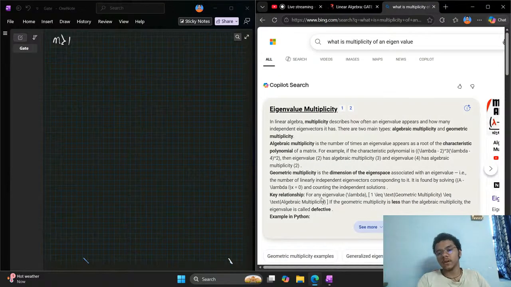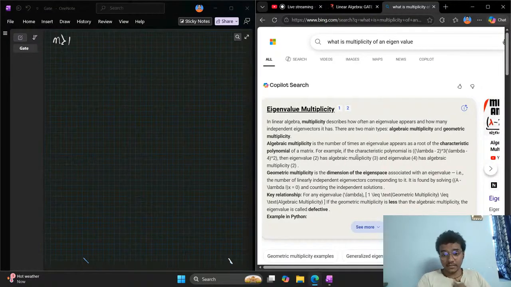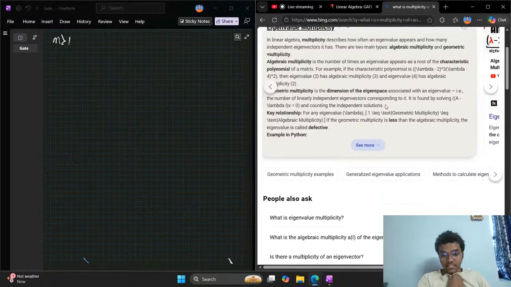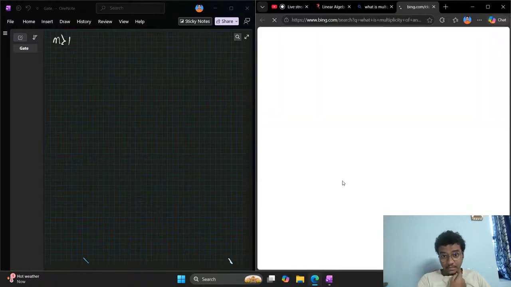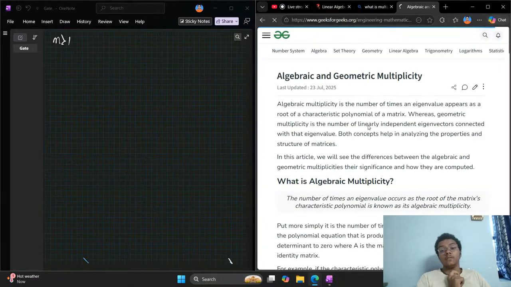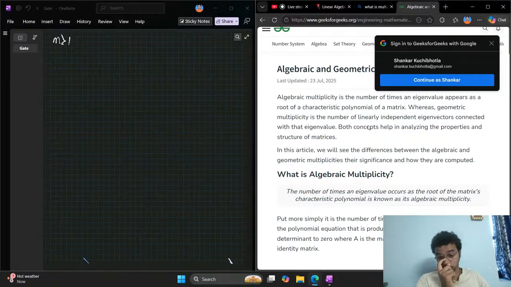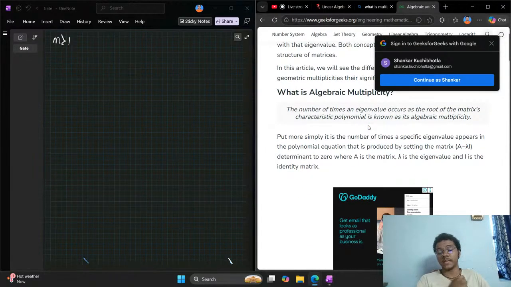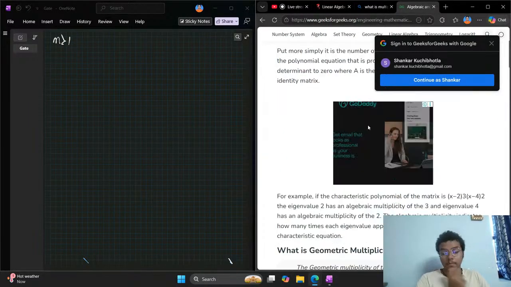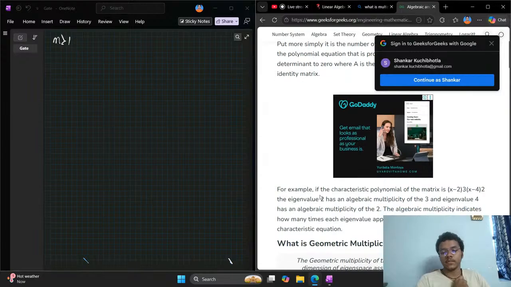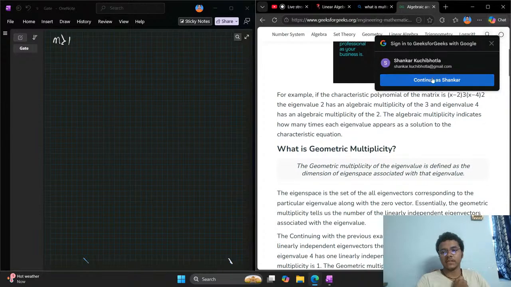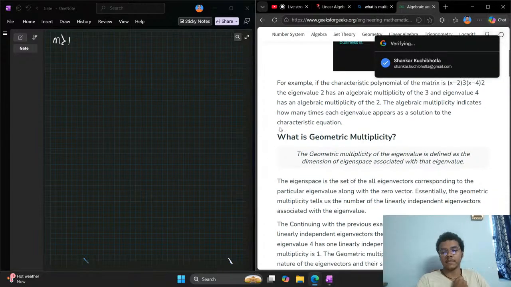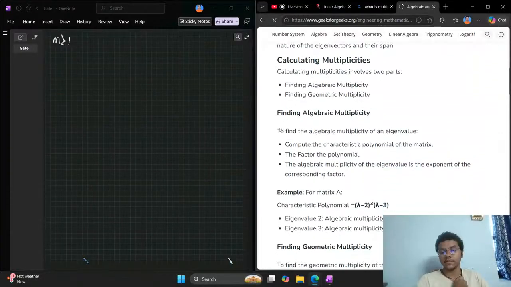Multiplicity describes how often an eigenvalue appears and how many independent eigenvectors it has: algebraic multiplicity and geometric multiplicity. The number of times an eigenvalue occurs as a root of the matrix characteristic polynomial is known as algebraic multiplicity. The geometric multiplicity of an eigenvalue is defined as the dimension of the eigenspace associated with that eigenvalue.